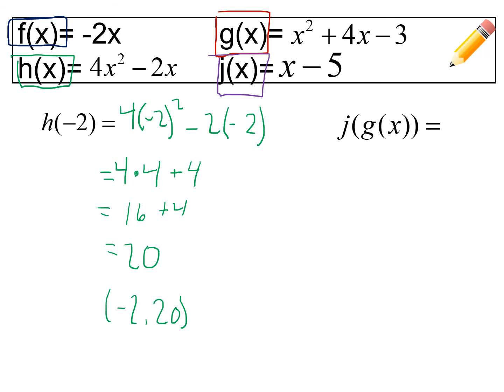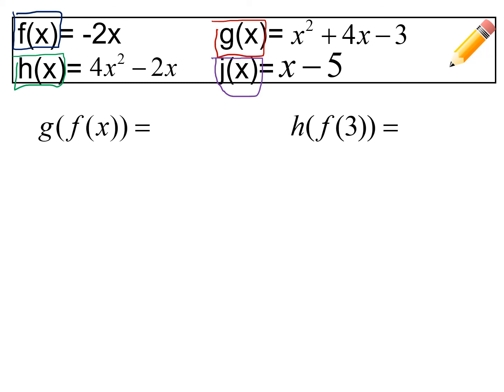Okay? So again, my function for j of x was x minus 5. But instead of x, I'm just going to write x squared plus 4x minus 3. And then to finish off j, I need to add that minus 5 in there. Okay? And to simplify, I've got x squared plus 4x minus 8. So that's my new function given that composition.